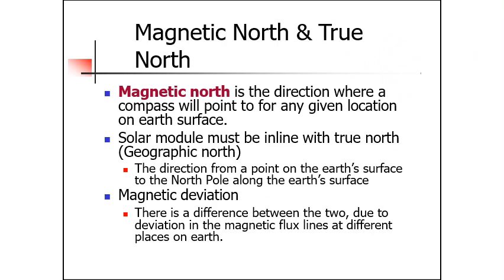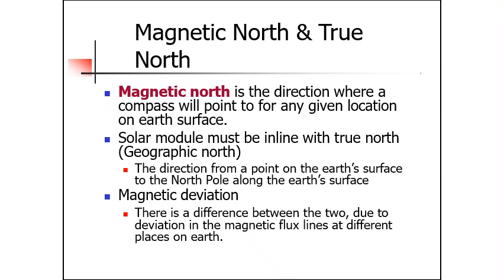Now let's talk about magnetic north. Magnetic north is the direction where the compass shows us the north, right? But actually the polar north, which is the geographic north of the earth, the solar module must be in line with that true geographic north.